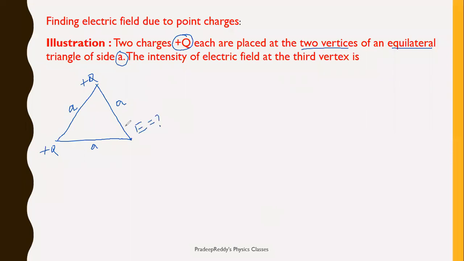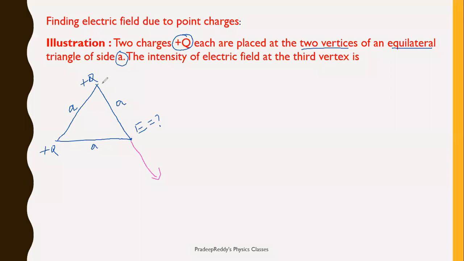This model I have given in the examination, so you should listen carefully. Now, as this is a charged particle plus Q, its field extends outward, because a positive charge extends its field outward and a negative charge extends its field inward.